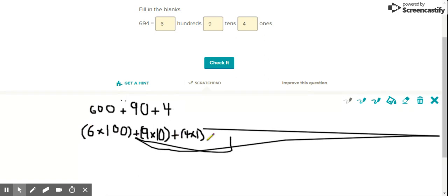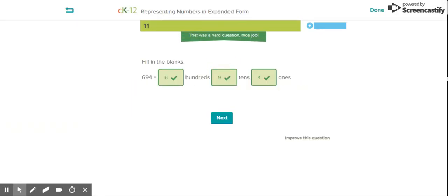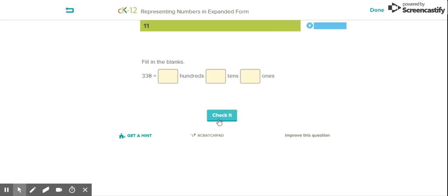Remember, you don't have to do this on this quiz, but on your worksheets or your papers, they may be asking you to write it in expanded form, or they call it expanded form with multiplication or long expanded form. You can check that, make sure you got it right, and you can go on to the next question. Again, you know that there are 3 hundredths, 3 tens, which is 30, and you know that that 8 is worth just 8.